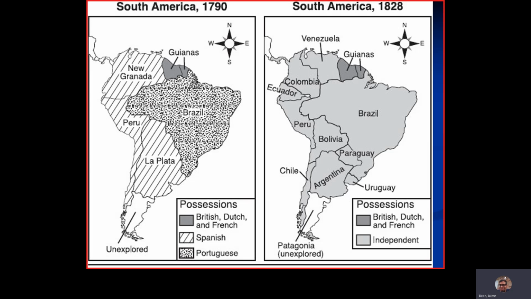You can only sell your stuff to them. You can only buy your stuff from them. Even if the Dutch say, I'll give you more money, or the British say, I'll give you a better situation, you can't say yes to them. You're not allowed to buy from anyone but Spain, not allowed to sell to anyone but Spain.